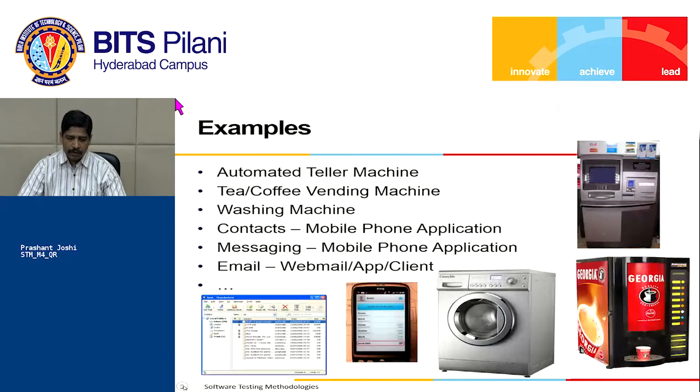And in fact, I would want to go back to the slide and see that each of these, we have an email client or we have a mobile phone. We may want to look at a combination of these techniques to come up with test cases. So even while learning, we have a focus. Our focus is one technique, one example. In reality, you would always find that we would look at combinations.